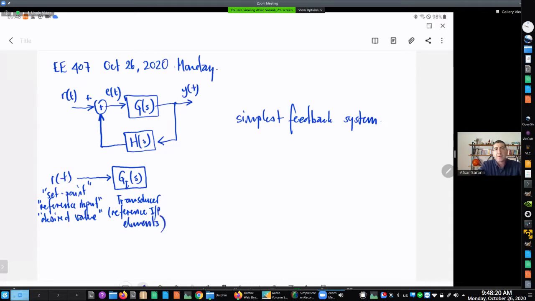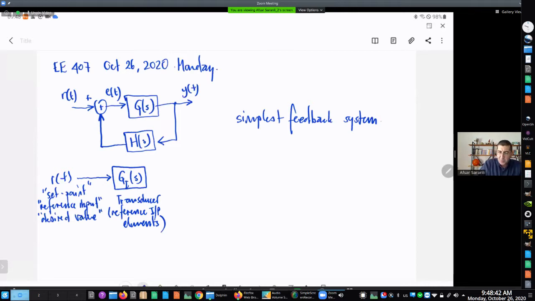For example, a potentiometer that converts your angular setting into an electrical value is basically a reference input element. It's a transducer. It transforms an angular input into an electrical input.